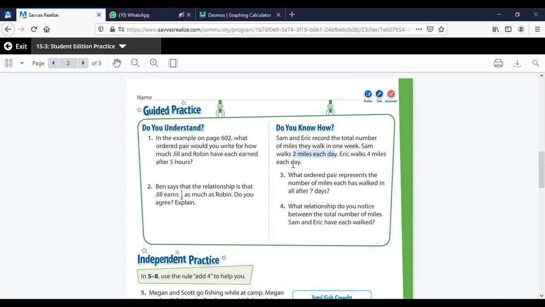We have 2 persons. One of them walks 2 miles each day, and the second one walks 4 miles each day. Now, what is the first question? What ordered pair represents the number of miles each has walked after 7 days? Now, can you do that for me, please?